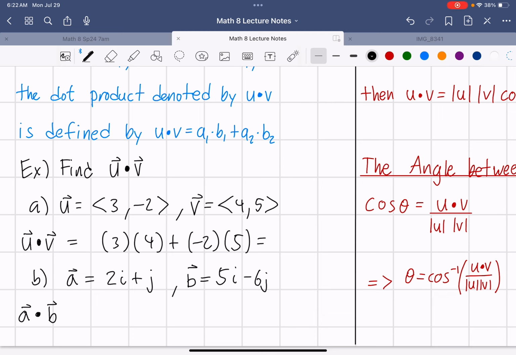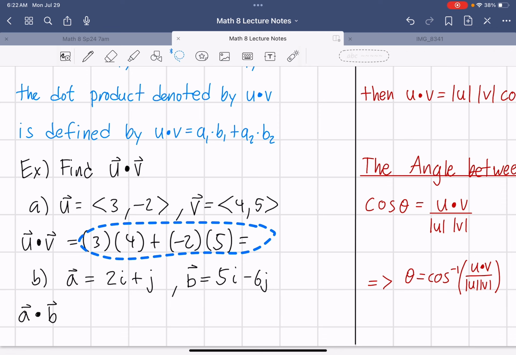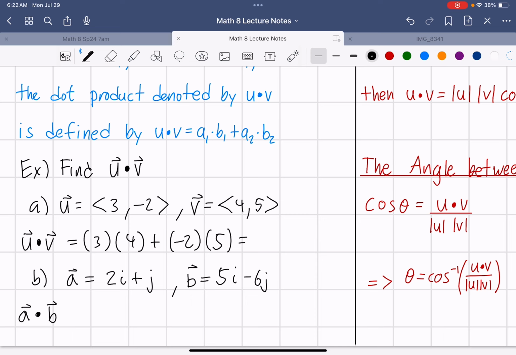Just multiply the corresponding components and add them together. 3 times 4 is 12. Negative 2 times 5 is negative 10, which will leave us with the number 2.